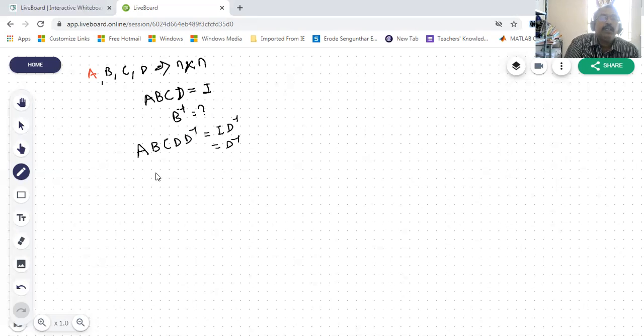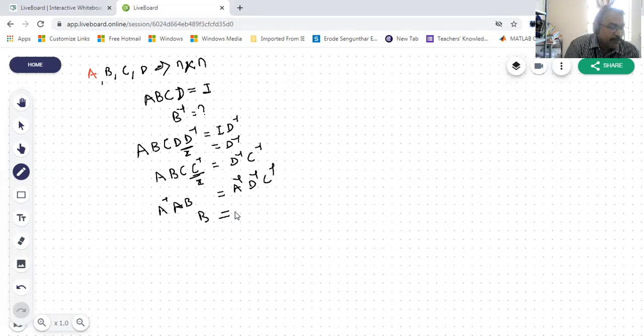Again, post-multiply by C inverse; this becomes I. So A B is equal to D inverse C inverse. Pre-multiplying by A inverse, B is equal to A inverse D inverse C inverse.